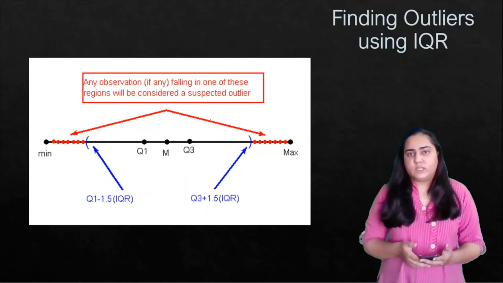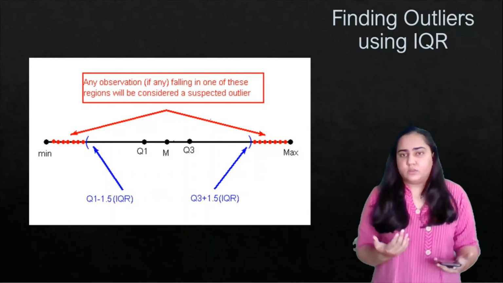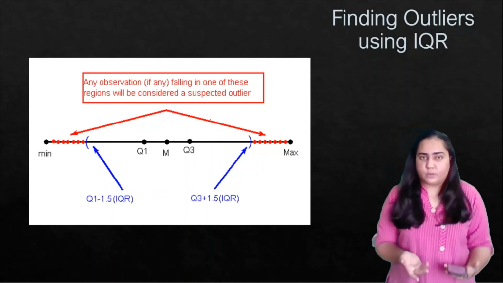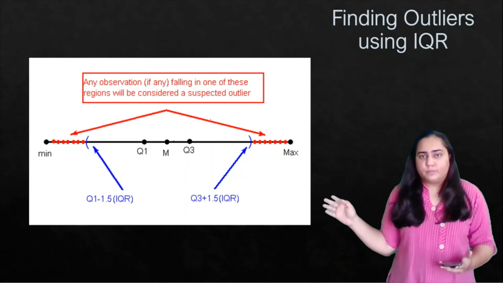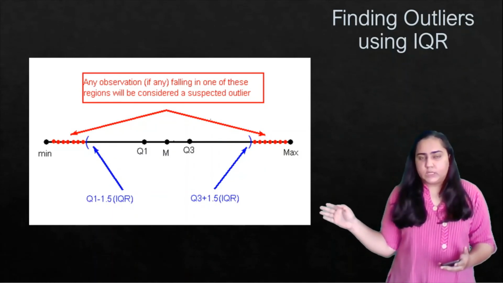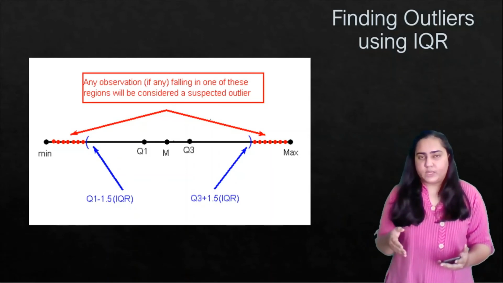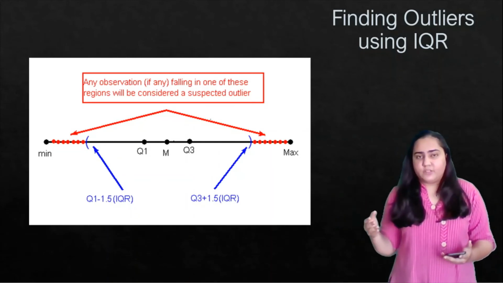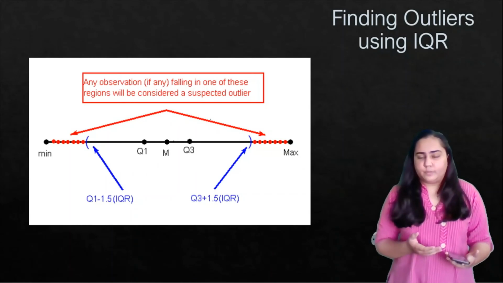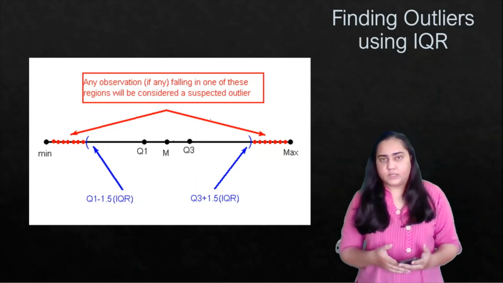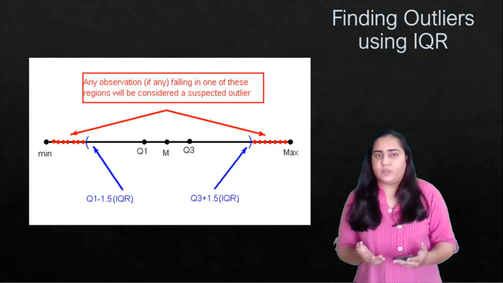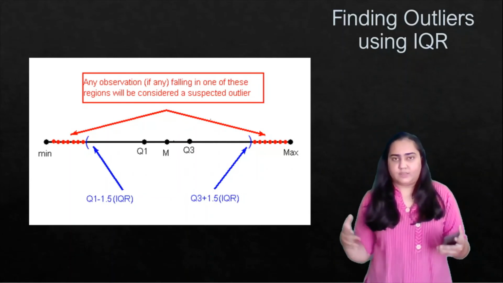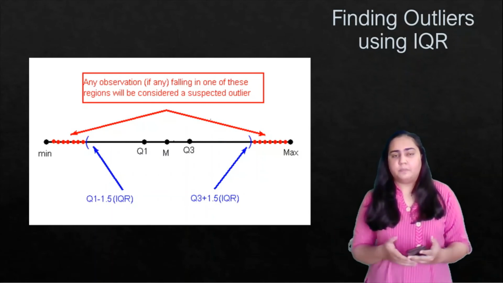But now you're going to see how you can decide whether an observation is an outlier or not by performing calculations. In this diagram, whatever is in the middle is capital M, which is the median. Next to that on the left-hand side is quartile 1, and on the right-hand side is quartile 3. And then, of course, we have our minimum and maximum values at the ends of the data set.